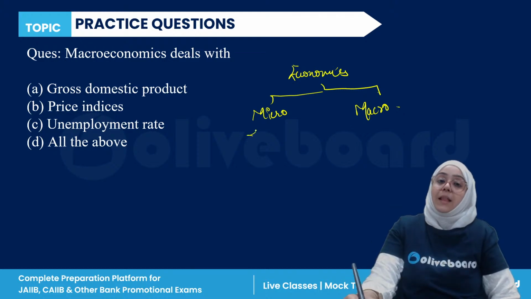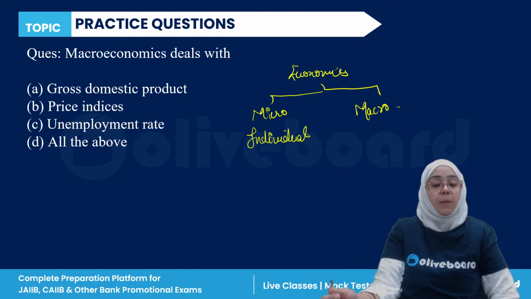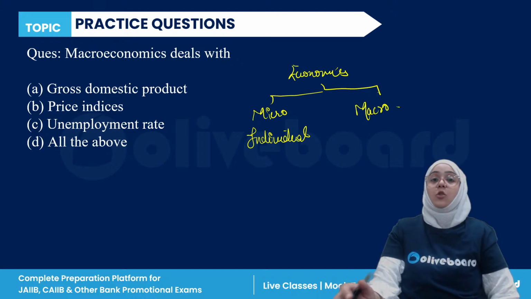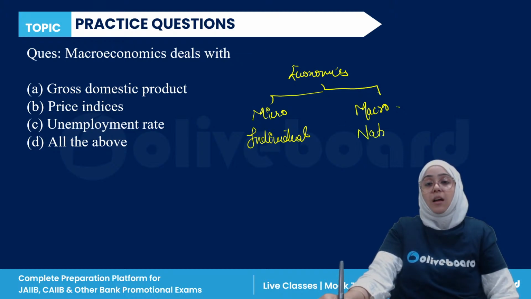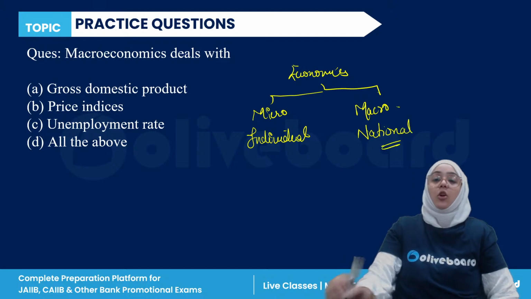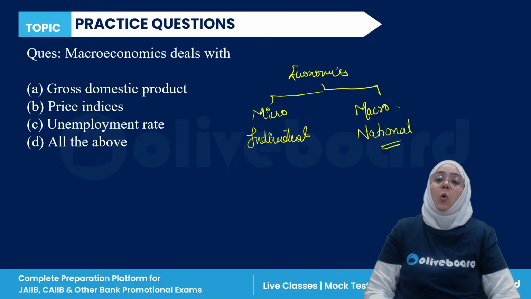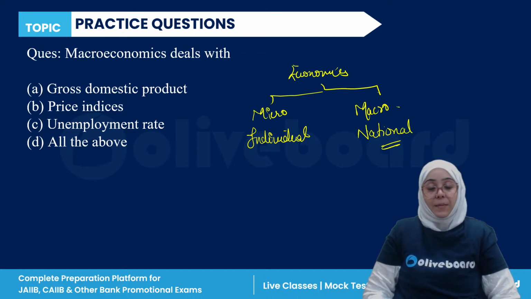Microeconomics deals with the individual unit. When we are talking about individual demand, individual supply, individual income, then it is micro. When we are talking about the nation as a whole, then it is known as macroeconomics, right?